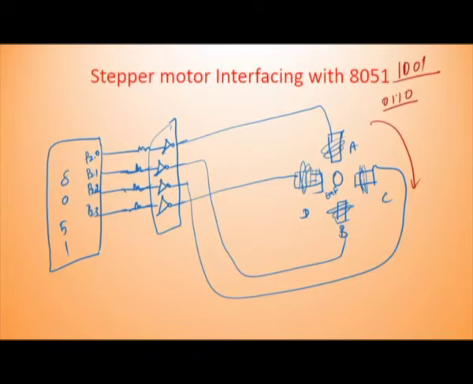By giving this value the motor will start. Suppose you want to rotate the motor in the clockwise direction, you have to use the rotate right instruction. In case of the left direction, rotating anti-clockwise, you can use the rotate left instruction. So, this way you can rotate the motor either in the left direction or in the right direction.